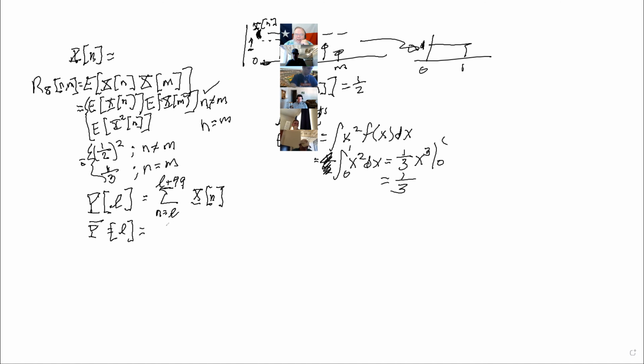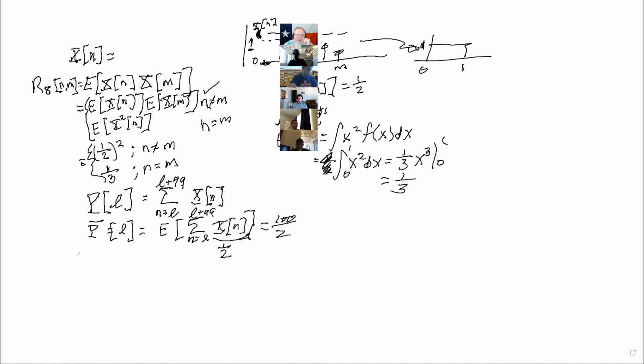That's equal to the expected value of the summation of n equal to L to L plus 99 of x sub n, correct? And what is this? This we decided was 1/2. So it looks like this is going to be 100 over 2. So that makes sense, right?